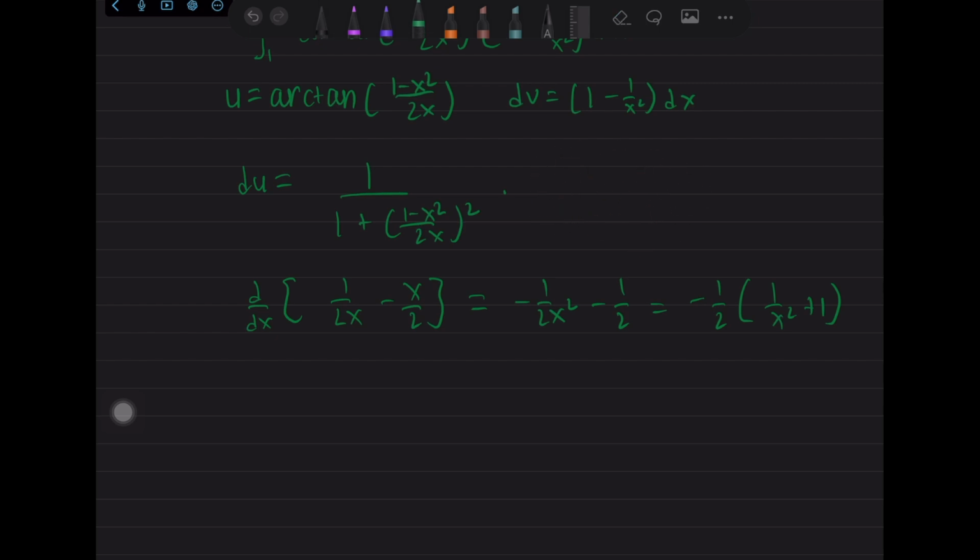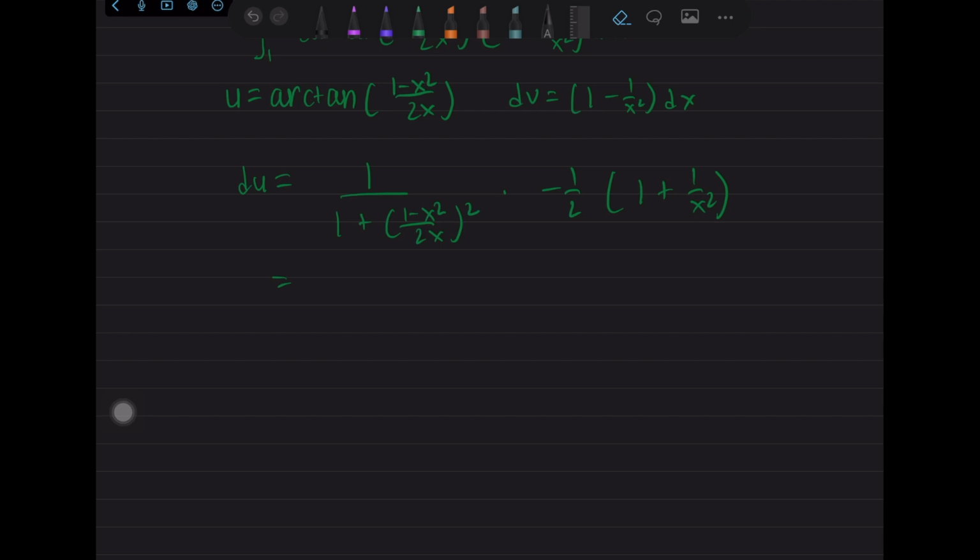Now we can just add in what we have. So negative 1 over 2 times 1 plus 1 over x squared. Okay, notice I'm omitting the dx because we'll have a lot of simplifying for this, and I'll omit the dx until we reach the end. So now, this looks really messy. So we'll first simplify this part now.